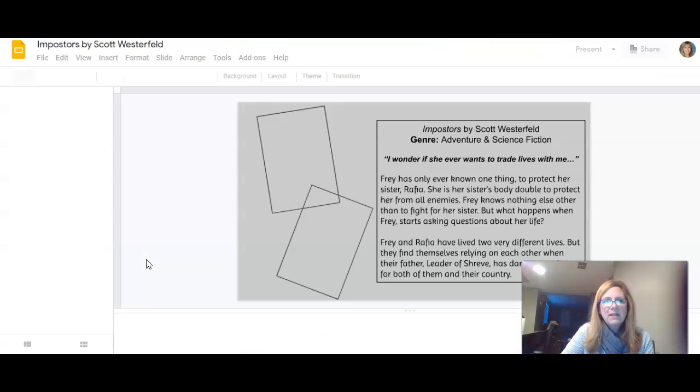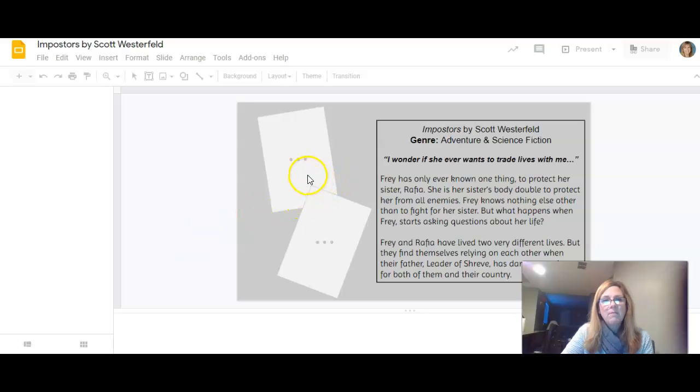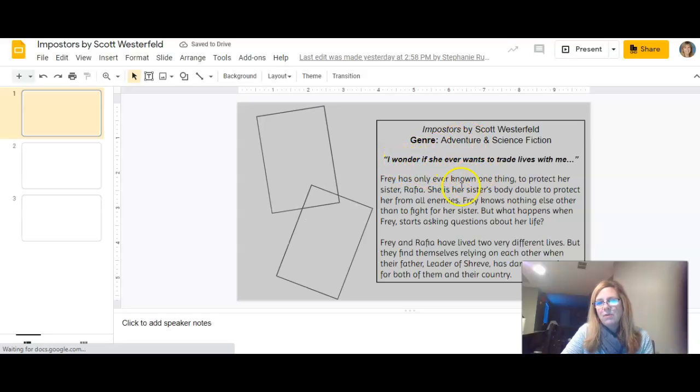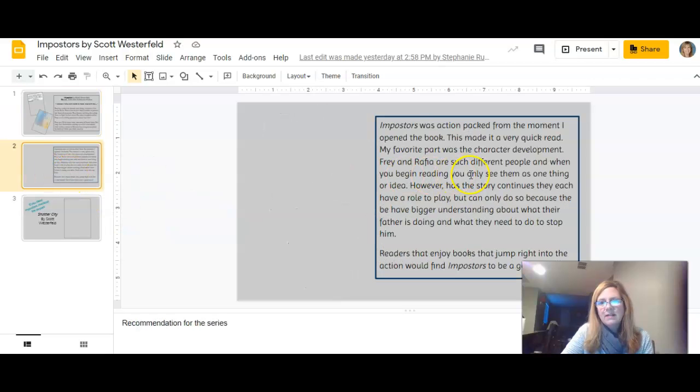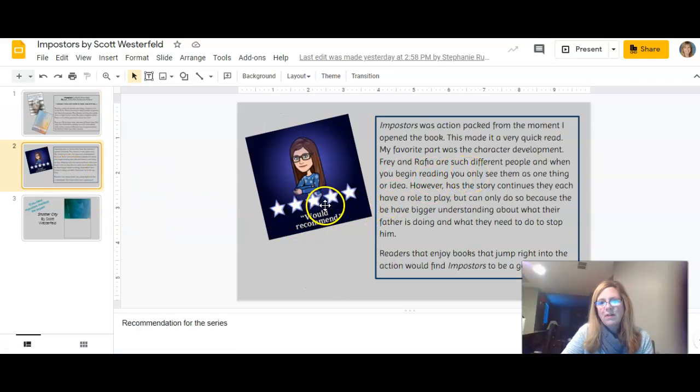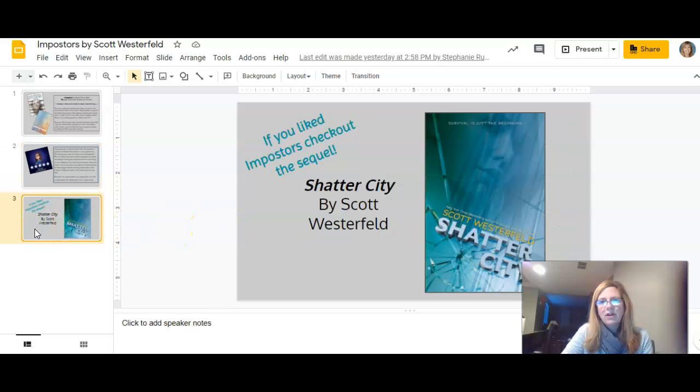The second one, once again, you are going to see the cover of the book, title, genre. You're going to see an interesting quote there, brief summary. Then this is a longer brief summary with the rating. And then the hook is other books that they might like in the series or by that author.